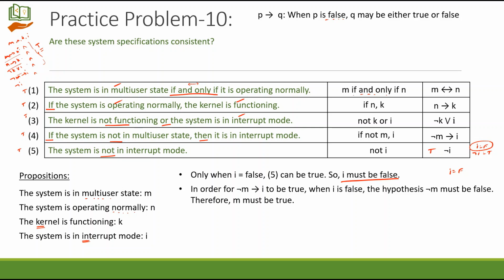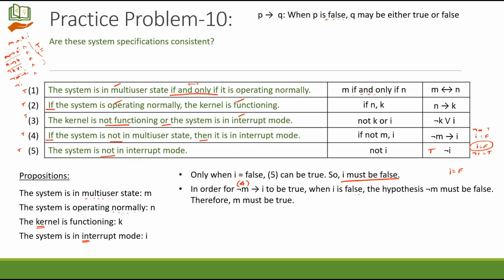In order for the fourth specification, negation of M implies I, to be true, we already know I is false. Just take negation of M here as P and I is going to be false. Negation of M should not be true. If this is going to be true and false, this specification will turn false.